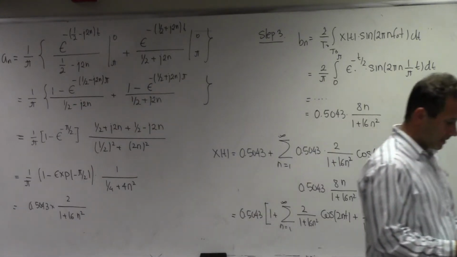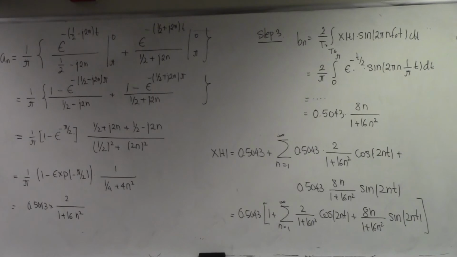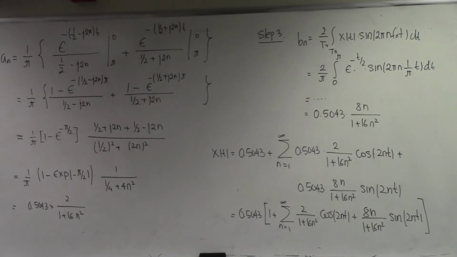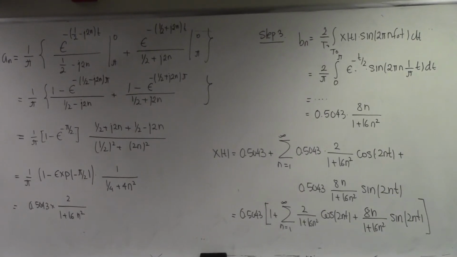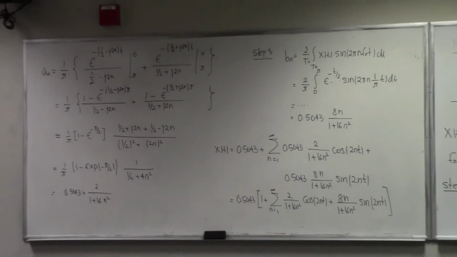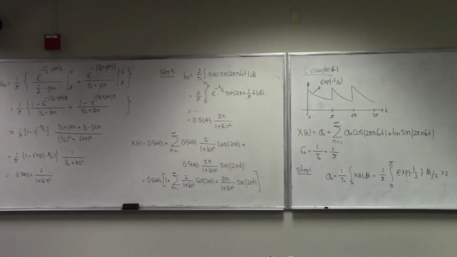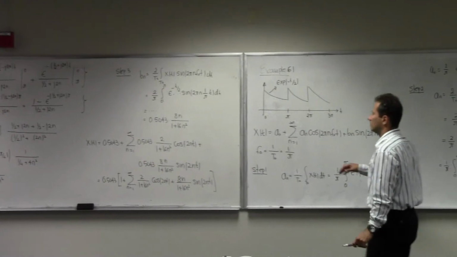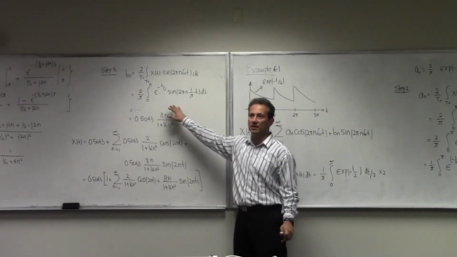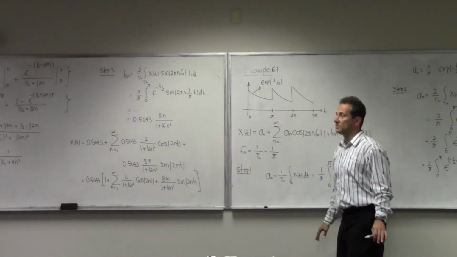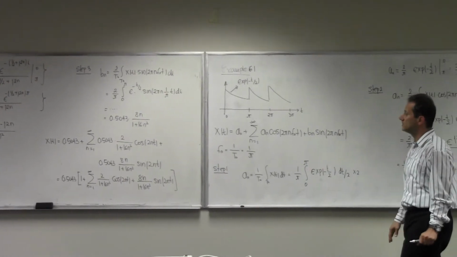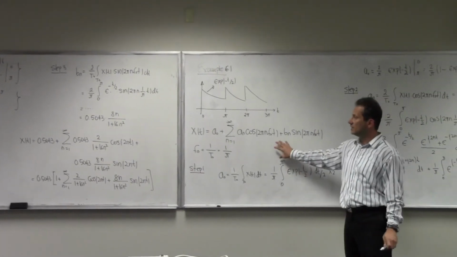This is, I guess, an example where I had to do all the steps. And this is as hard as it can get, right? It should not get harder than this, except for maybe having a harder time evaluating this integral. But conceptually, these are the steps. You can have at most 3 steps. In the first step, you calculate A0.